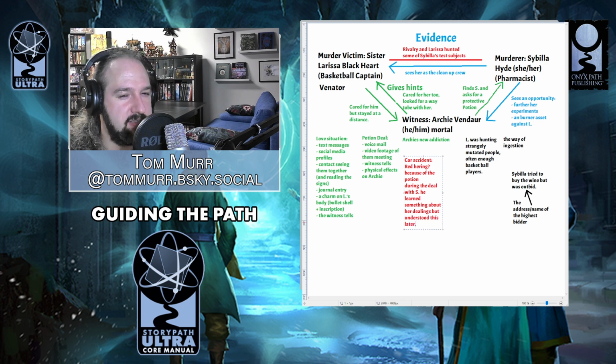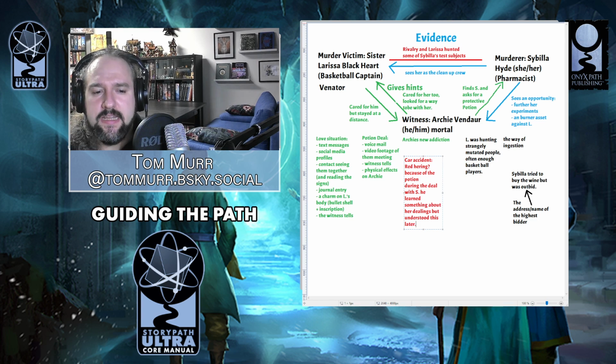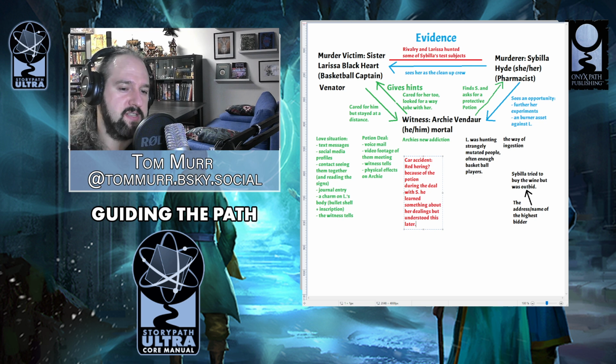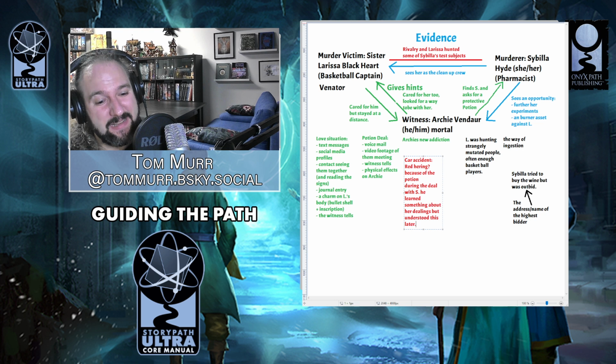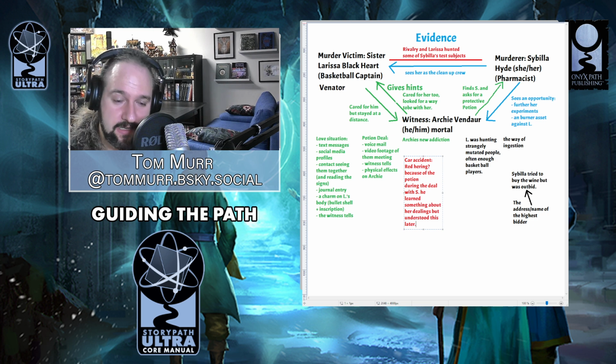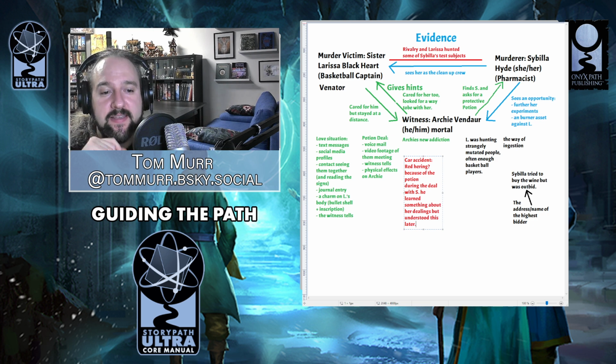Some piece of side conversation that Sibylla had with one of her other clients, or he saw something coming up, and he needed time to comprehend this, but Sibylla understood very well that he knew something that was a problem, and since she can't murder someone directly in the moment she's making a deal with them, because she would be on the murder scene, she gets somebody to get rid of him.